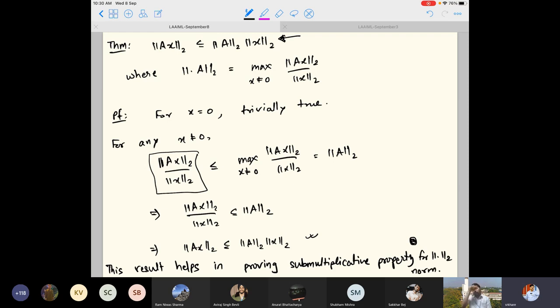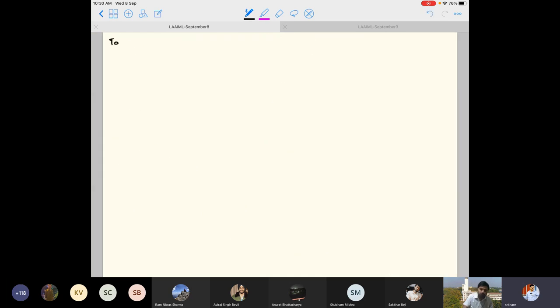So that's why this result is really very important. Okay, so now what do we do to prove that this actually is a norm? We need to prove 4 properties, so we'll start one by one.